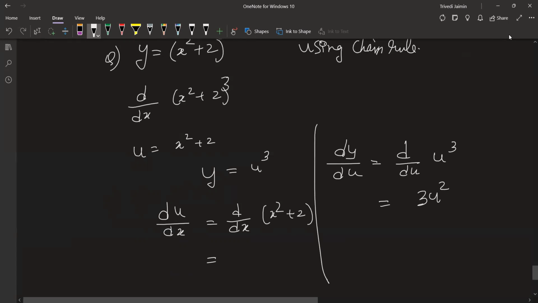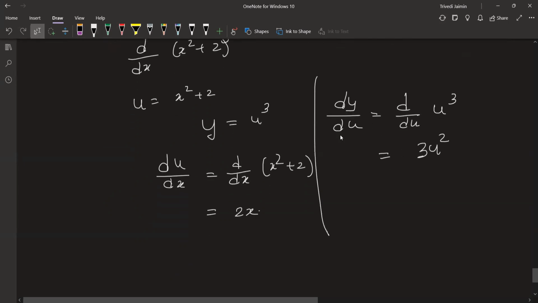Here we get 2x, right. Now what is the chain rule here? We want dy by dx, so dy by dx is dy by du cross du by dx.